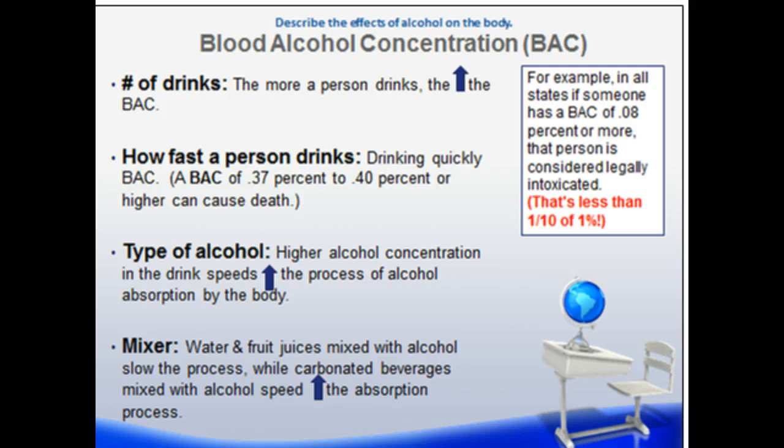You may have heard about this BAC, a blood alcohol concentration. This is the measure of the amount of alcohol in a person's blood. BAC is expressed as a percentage. Since 2005, the legal limit in all states is 0.08.